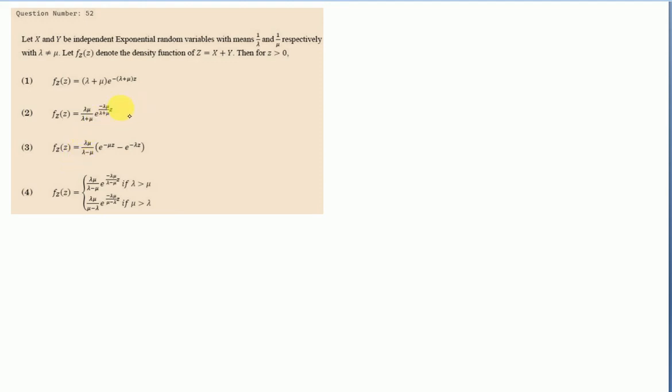So what we can do for this question in quick time, if you don't have any clue how to generate the PDF of that particular random variable, you can simply choose method 1. And what does this method 1 say?